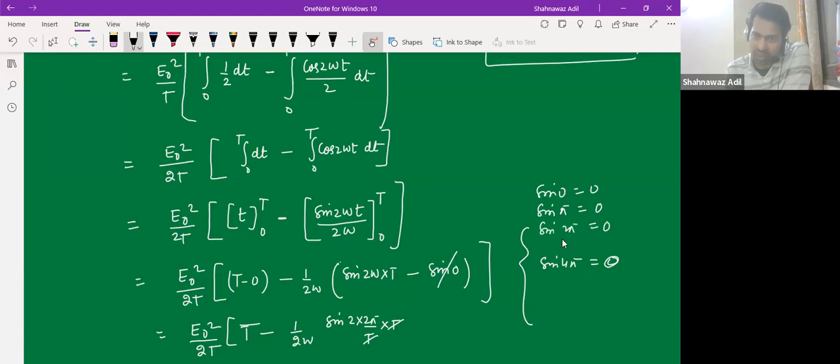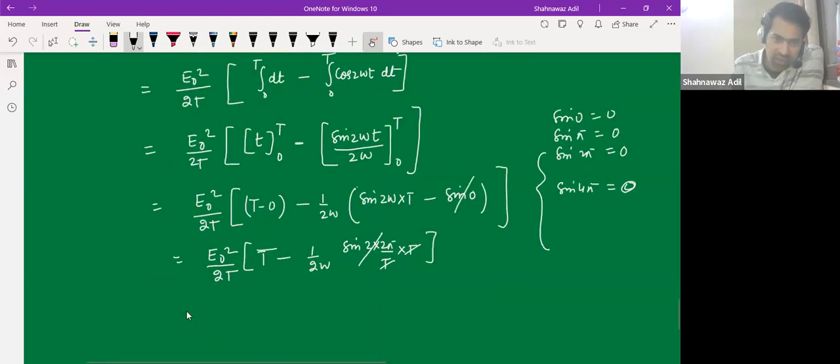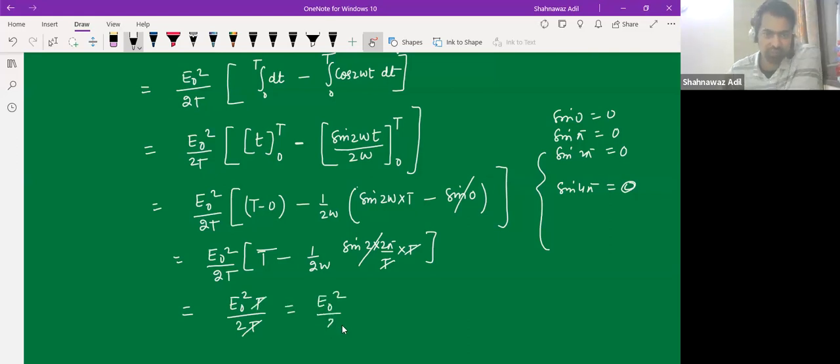So the multiple of pi is 0. So 4 pi is also 0. This is 0, right? So then what we will get? We will get E naught square t by 2. So t cancels, and we get E naught square by 2.